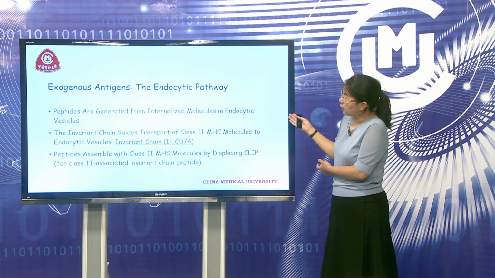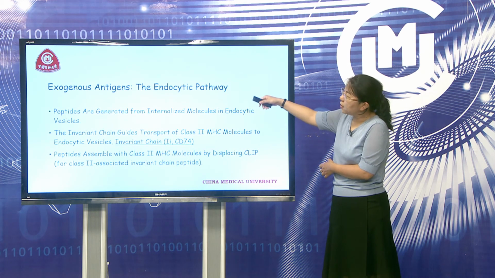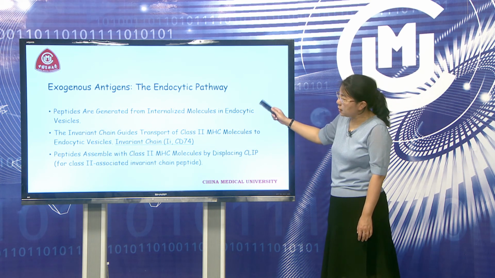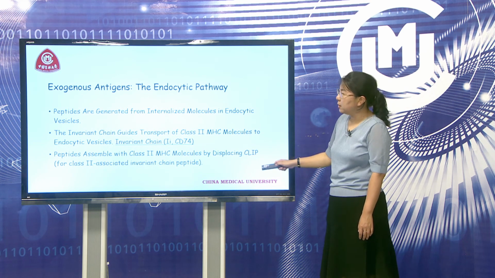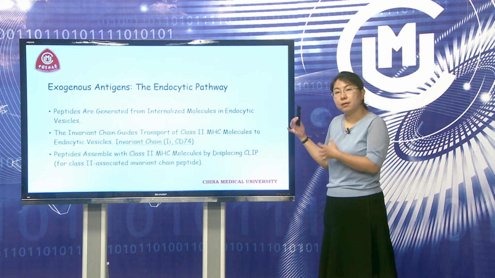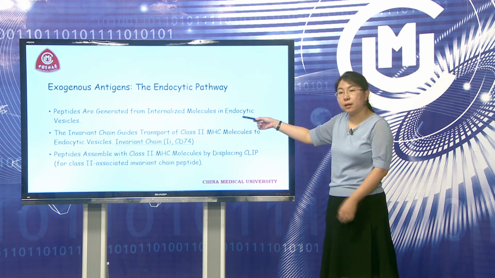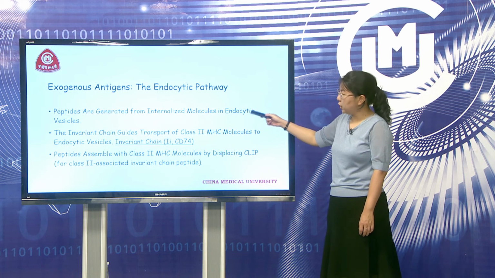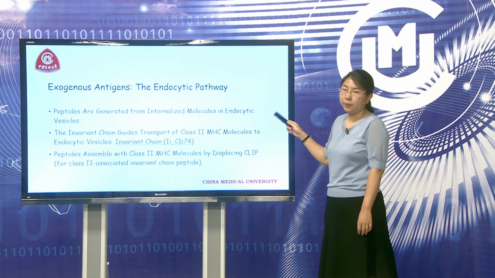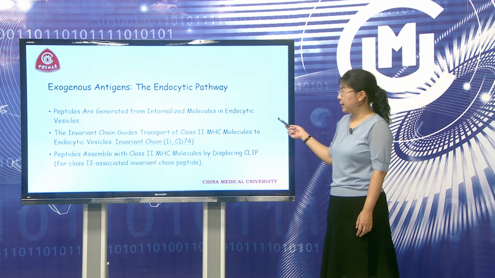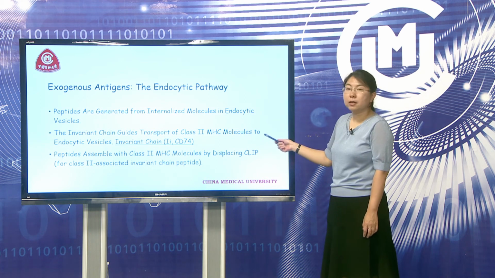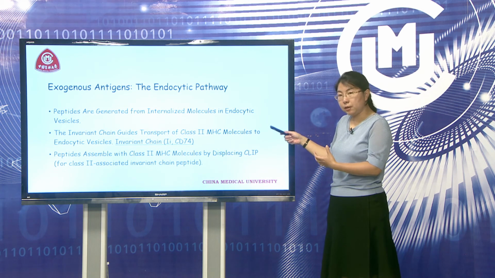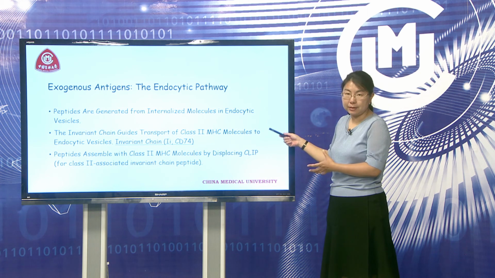So this is the endocytic pathway for the exogenous antigen. Let's see the key points. The peptides are generated from the internalized molecule. This antigen already exists outside the cell, is just internalized by the phagocytes, and the invariant chain occupies the antigen presenting place.